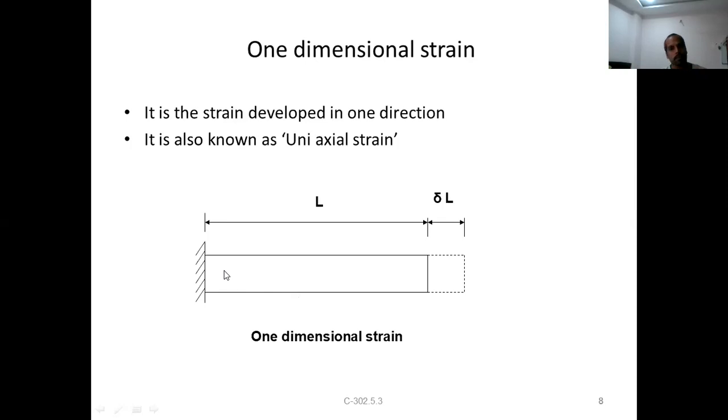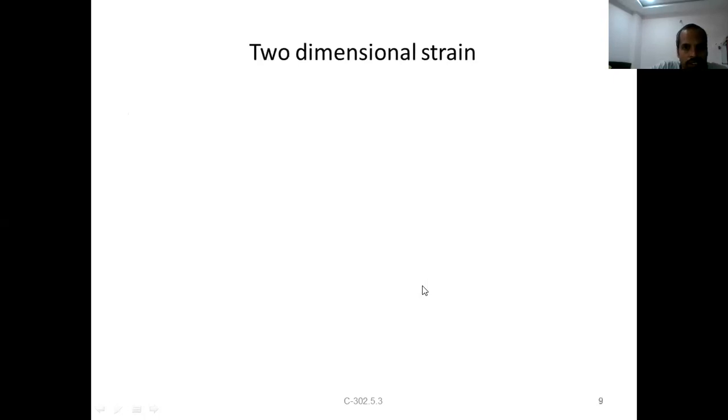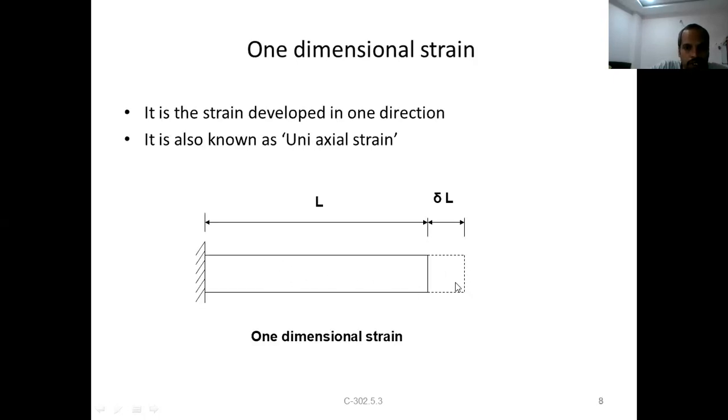It only elongates along the direction of the load, and its lateral dimension is negligible, right? So that type of member may be subject to this type of strain. Very long only in this direction, and lateral deformation is not there. So only one direction, delta L. The strain in this case is equal to delta L by L.